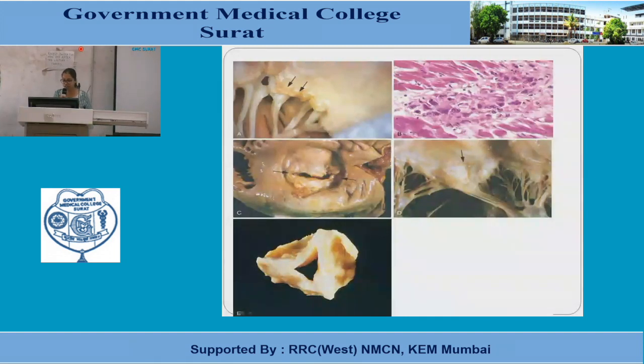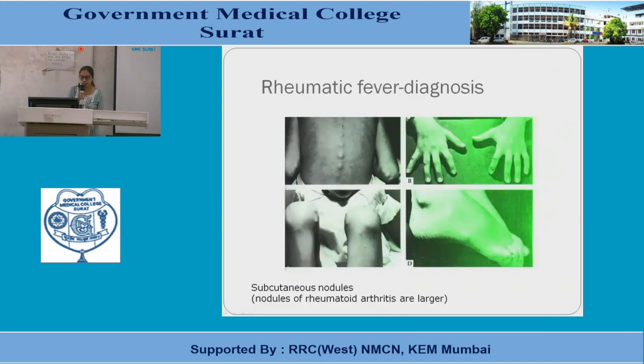In figure D, you can see dilatation of the left atrium along with neovascularization. And in figure E, it is an aortic valve which is affected, in which you can see a thickening of the leaflet with commissural fusion. This is the figure of subcutaneous nodules.